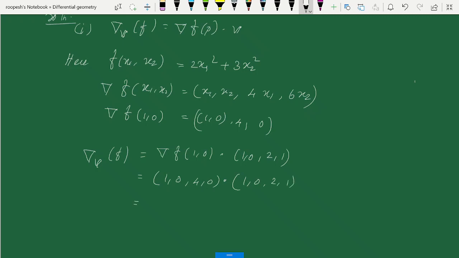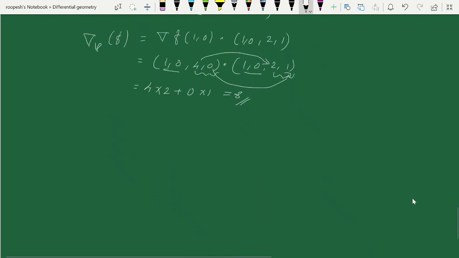Only this part is our vector part, so for the dot product it is 4 into 2 plus 0 into 1, so we get 8. So del v of f is nothing but 8. The remaining questions I am leaving for you to work, since they are very easy.